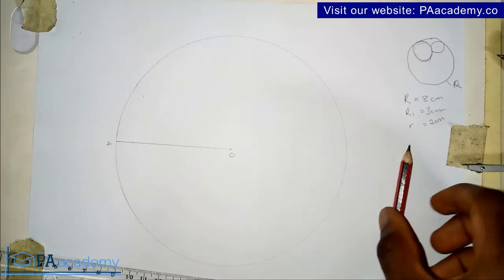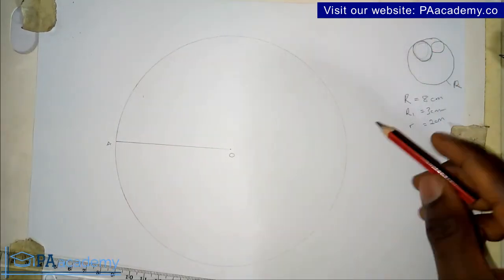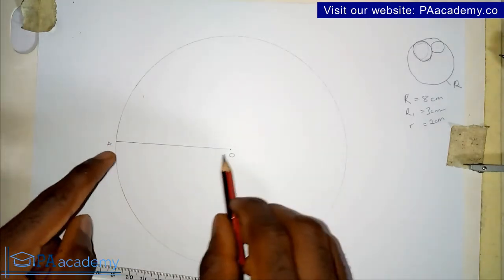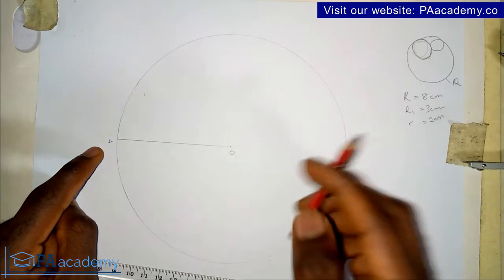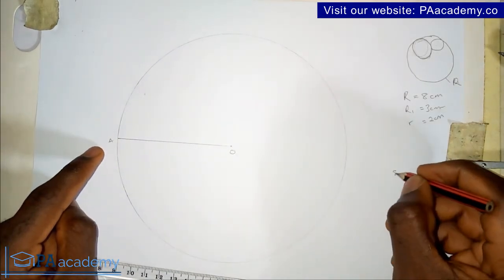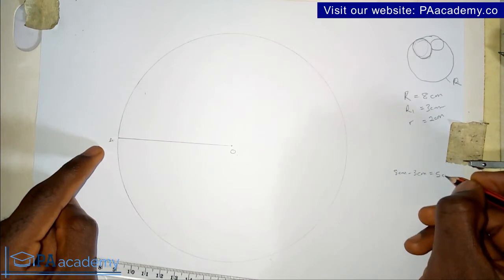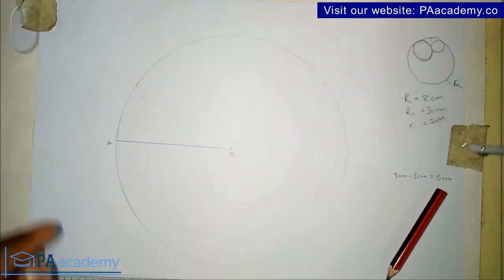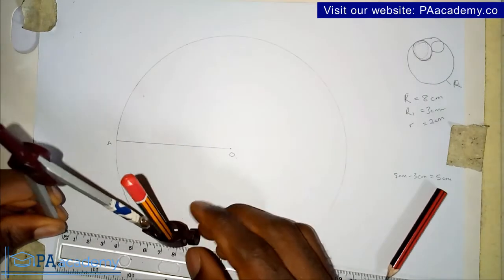For us to draw this second circle with a radius of 3 centimeters, on this line OA, don't forget that OA is already 8 centimeters, which is our radius. So we do 8 centimeters minus 3 centimeters, which gives us 5 centimeters. Now you pick your compass and measure 5 centimeters. Just follow along.